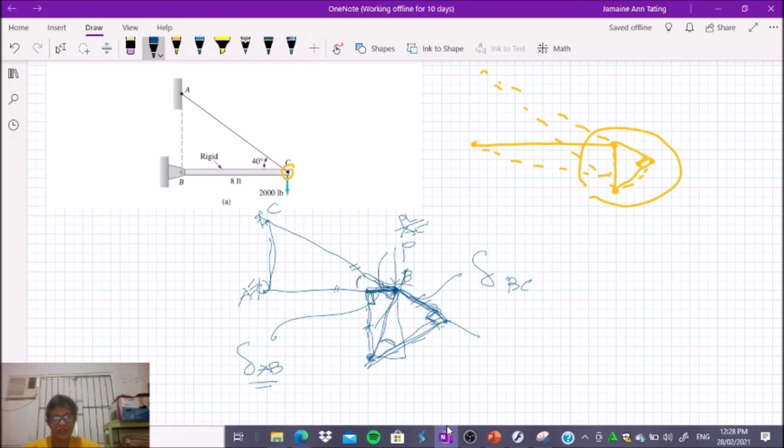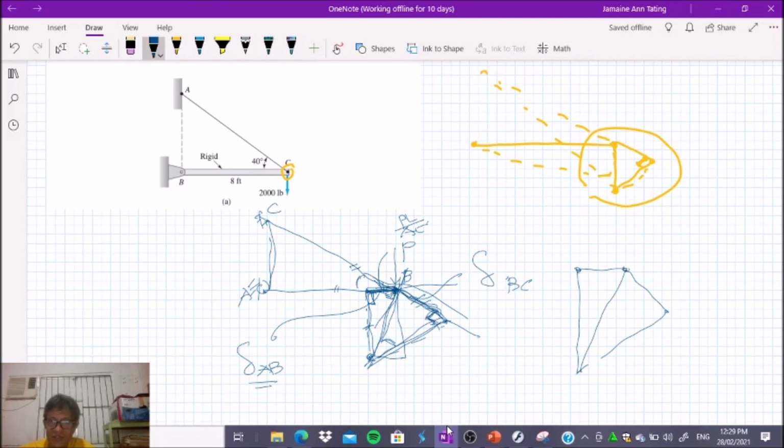Okay, perpendicular ito dito. Then ito is perpendicular. Okay. Ganito yan. Nagiging ganun yan kasi. Then, ito pupunta rito. Then, 90 degrees. Mga ganyan yan. Nagiging diagram mo.